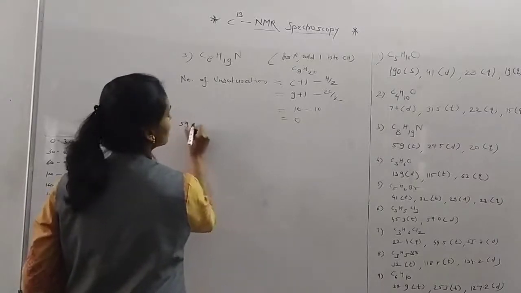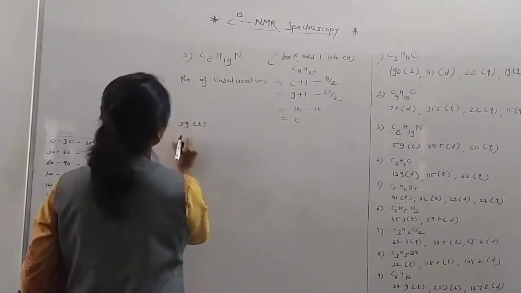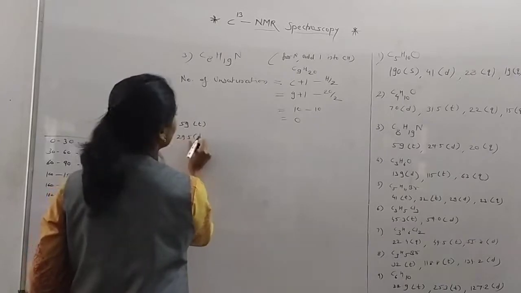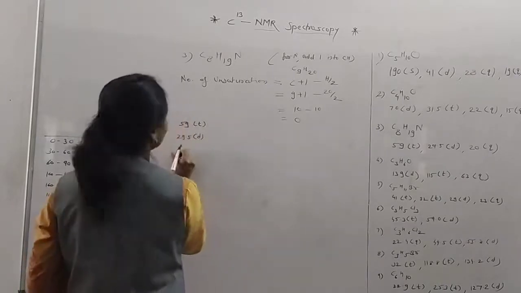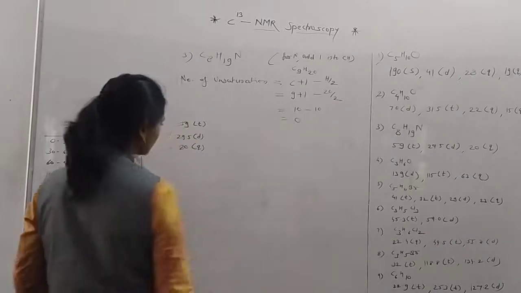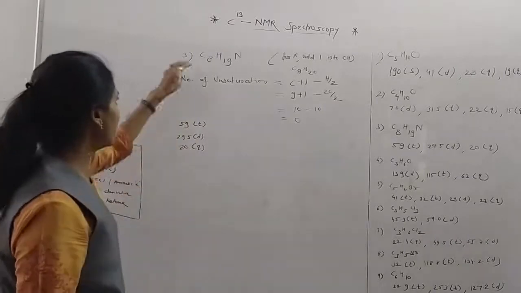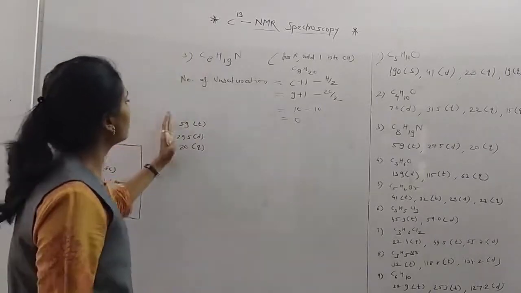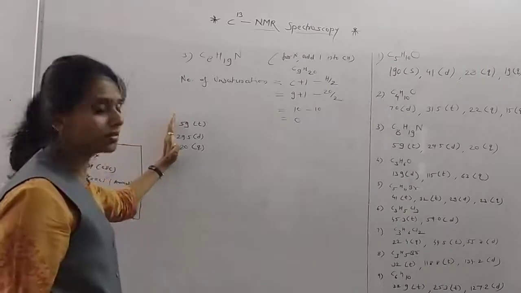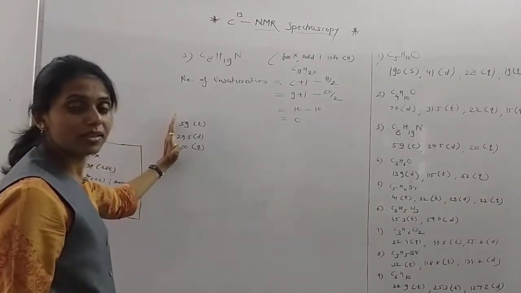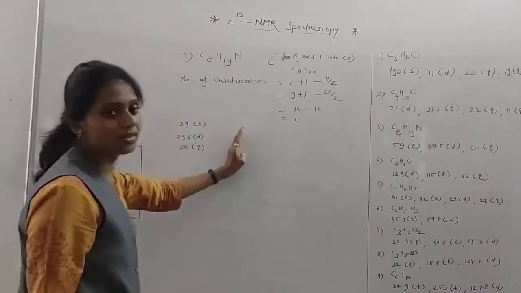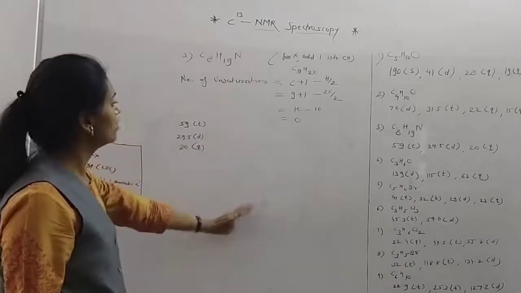So we write down the data: 59 triplet, 29.5 doublet, and 20 quartet. See here, there are 8 carbon atoms and only 3 signals obtained. That means there is symmetry in the molecule.